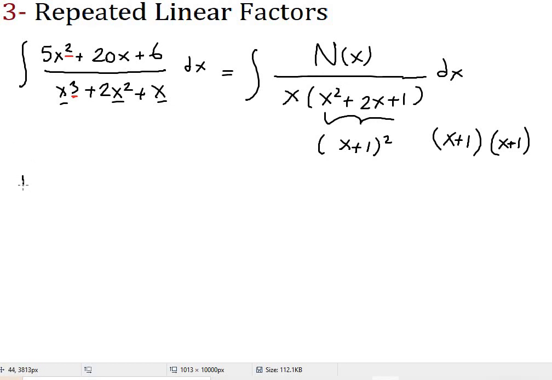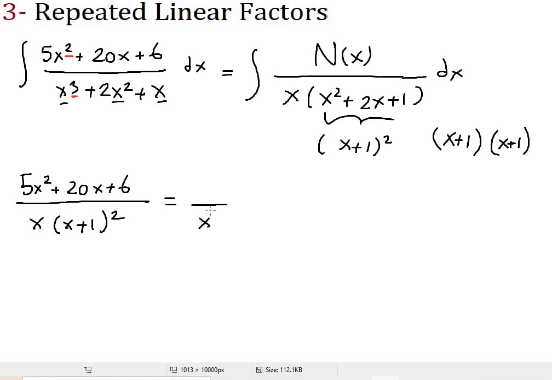So it's going to be (5x squared plus 20x plus 6) over x times (x plus 1) to the second power, is equal to. Now for the first factor x, we're going to use some constant a, because this is linear, x to the first. So we need a constant on the numerator.